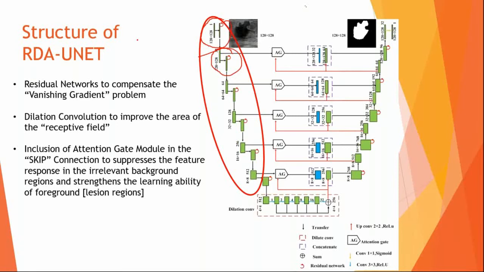But in reality, it doesn't happen like that, because the network trains by the error that is getting back propagated. If you have deeper networks, the error is very minimal, and the network saturates. So to avoid this problem, we used residual networks, and we replaced each of these CNNs with ResNets. That is one thing we additionally did.